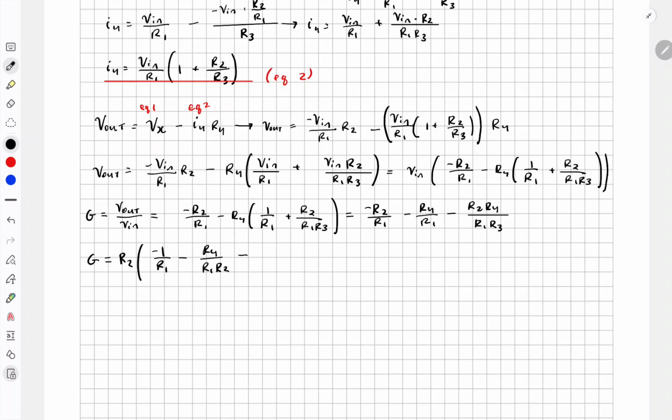And the last term does have R2, so we just remove it like this. That's fine. There are too many minus signs, so we factor out the minus sign, so it's just 1 over R1 plus R4 over R1 R2 plus R4 over R1 R3.